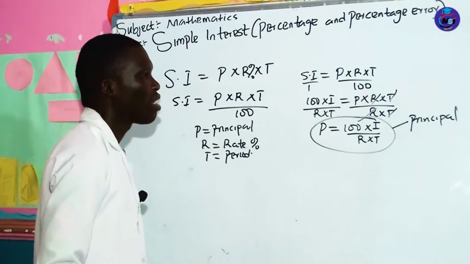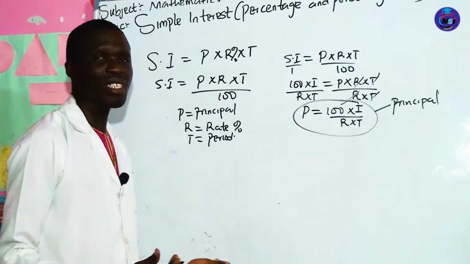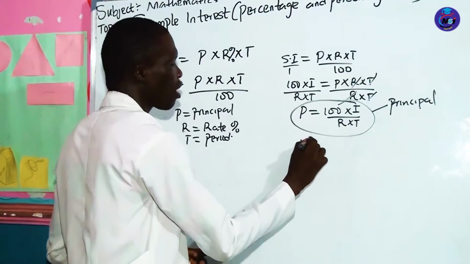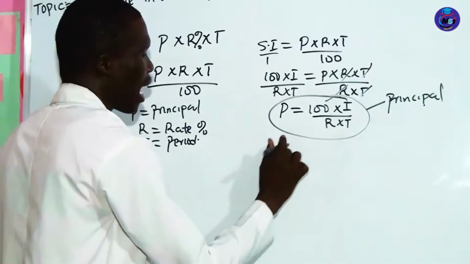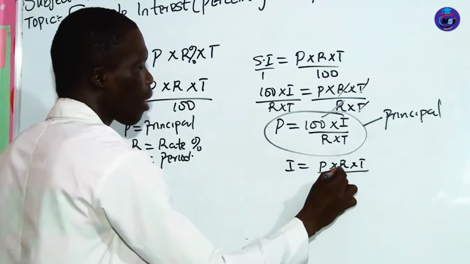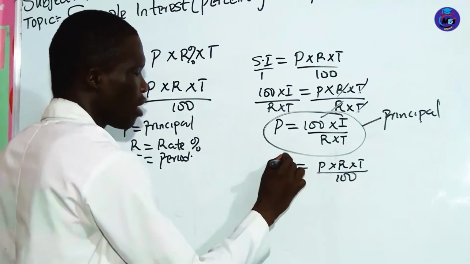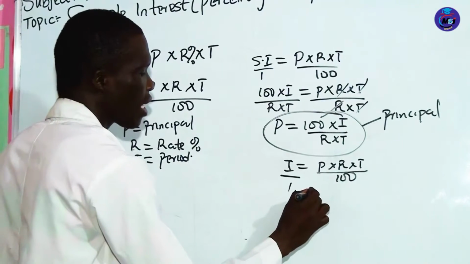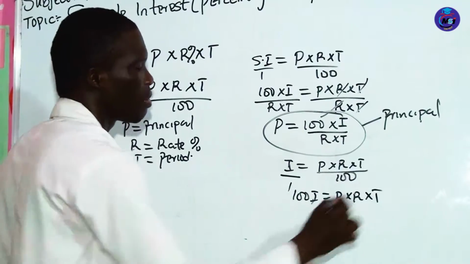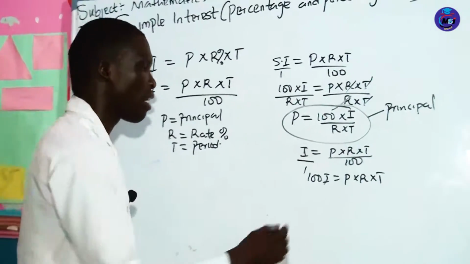So this is the formula to find principal. Now, we want to find rate. How can we find rate? You repeat this: 100I equals P times R times T all over 100. You cross multiply, and you have 100I equals P times R times T. You are looking for R, so you want to make R the subject of the formula.